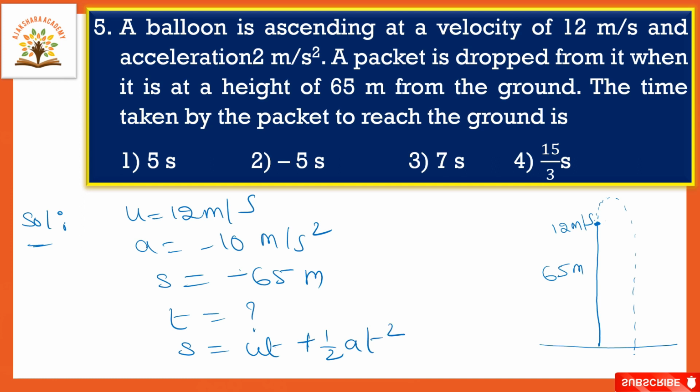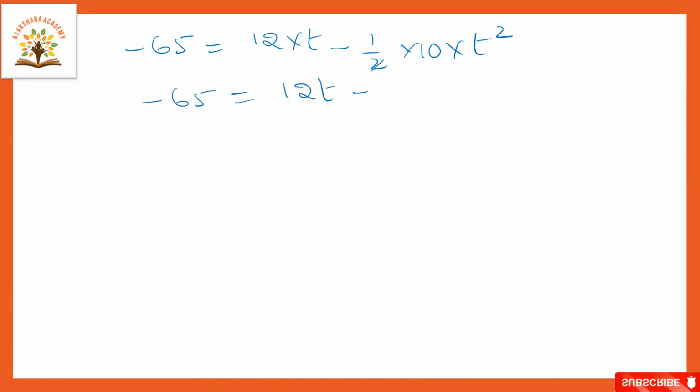Now substituting values, −65 = 12t − ½ into 10 into t². So −65 = 12t − 5t².